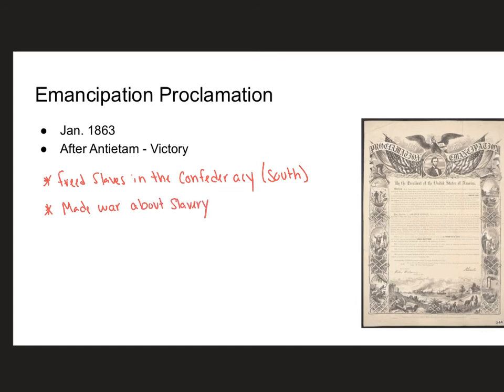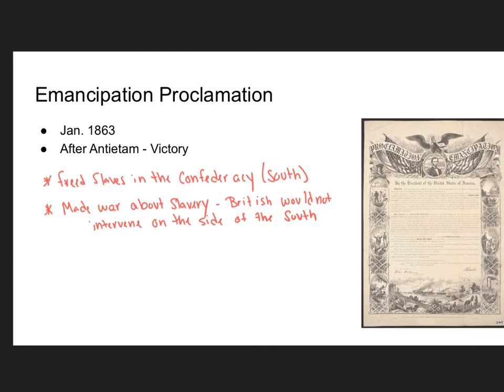And why this was so important is then the British would not intervene or get involved. See, the South wanted the British to get involved, and the British wanted the Southern goods.